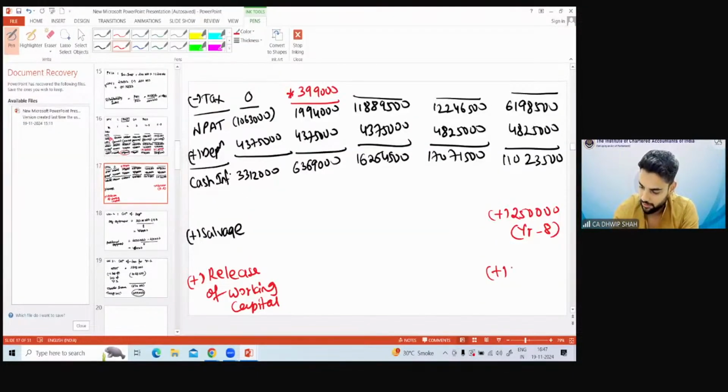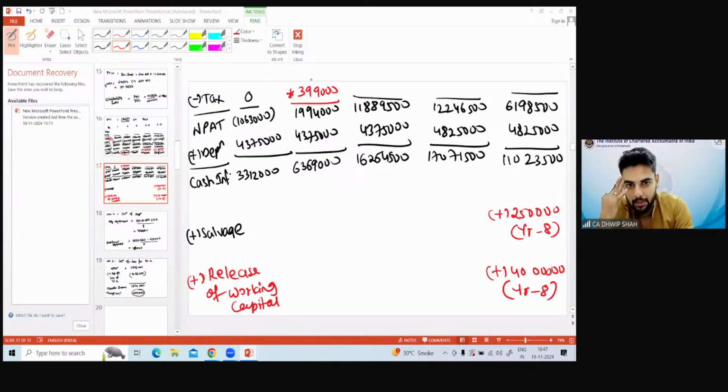So plus 40 lakhs. But again, only in year 8, not from 6 to 8. Understood? So these are my stream of cash inflows.